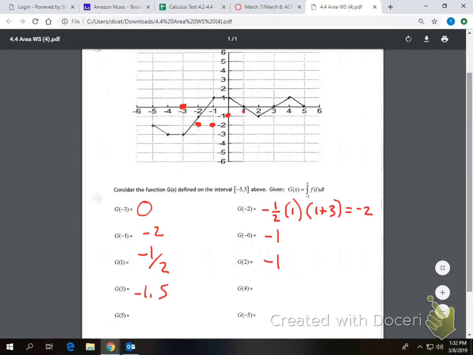And I guess I'll plot those two real quick. We're at -1, -1.5. Okay, at g of 4, I go up 1/2 again. So I go back to -1. At g of 5, I go to -1/2.